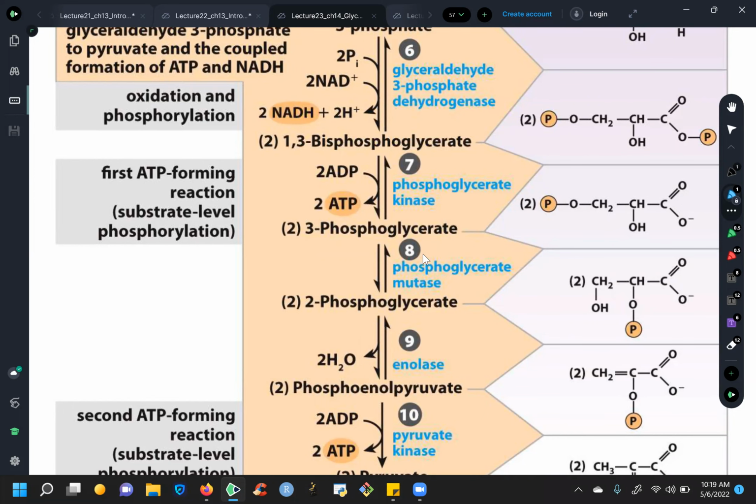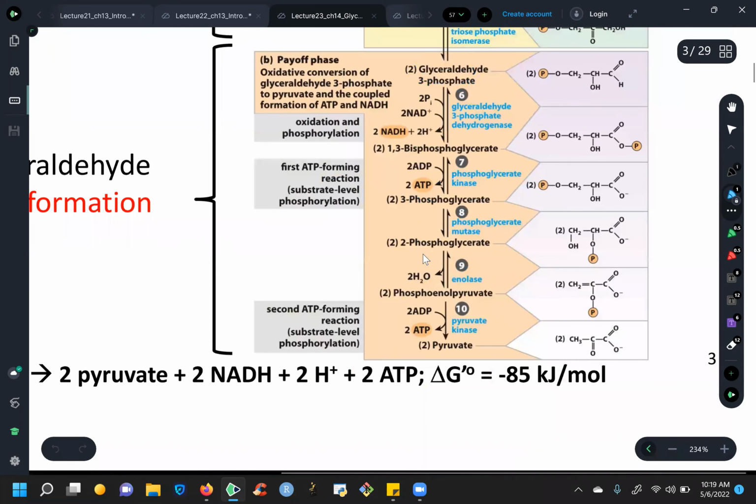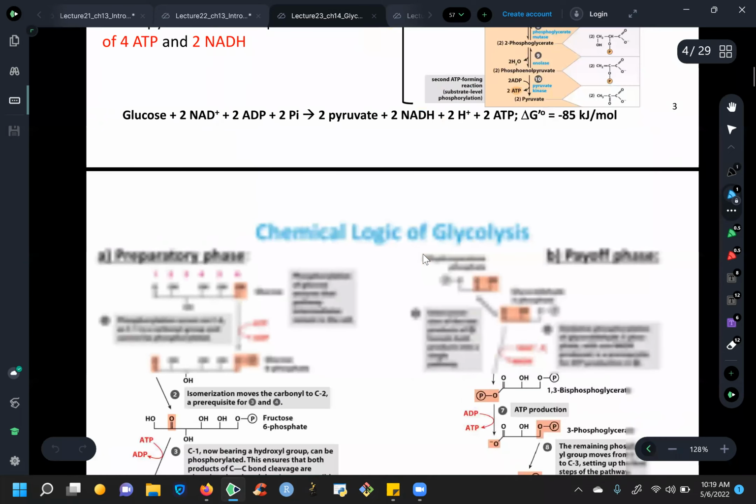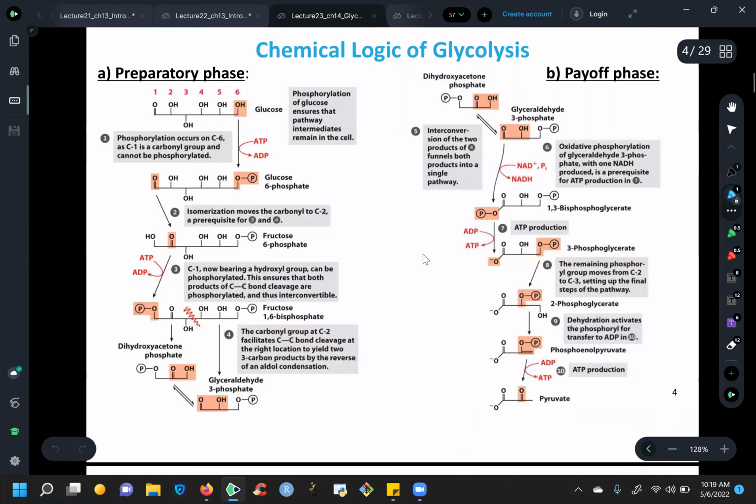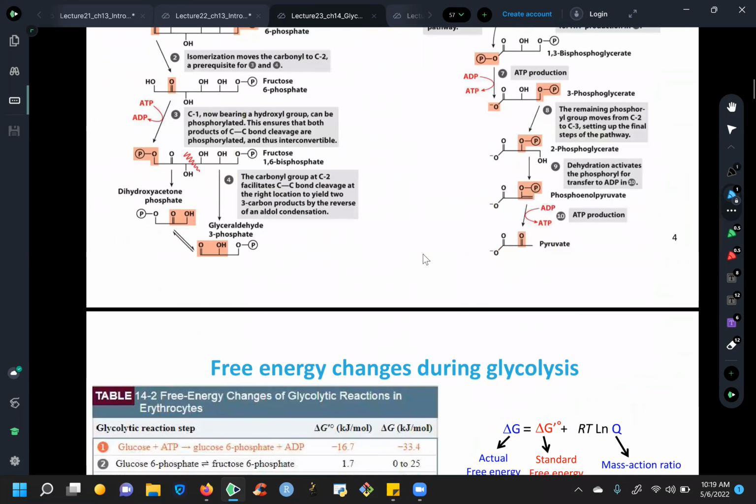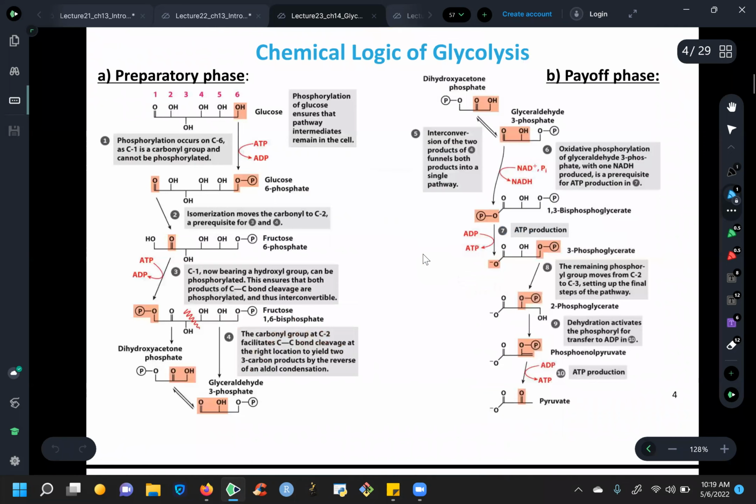Okay, so I'm going to keep going. Chemical logic of glycolysis. So I have a video where I cover this in detail, but it's basically what I just went over. They just have it in the linear format.